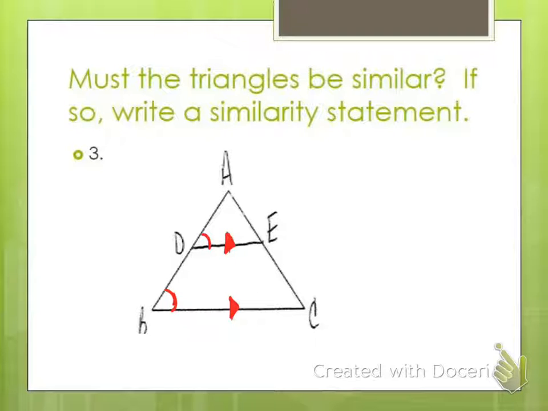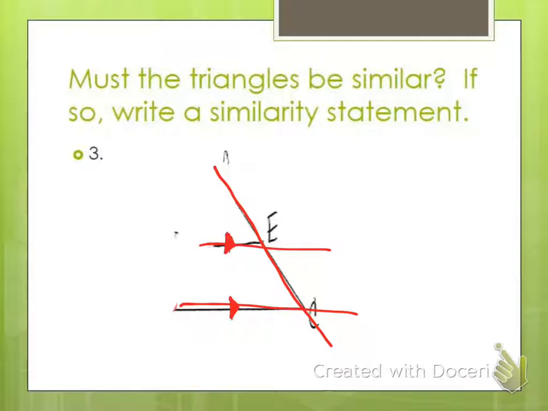We could do the same thing on the other side. We could take this away for now and focus just on this line and our parallel lines. What's going to be the relationship at point E and at point C? They're again corresponding angles here, which means they are again congruent to each other.